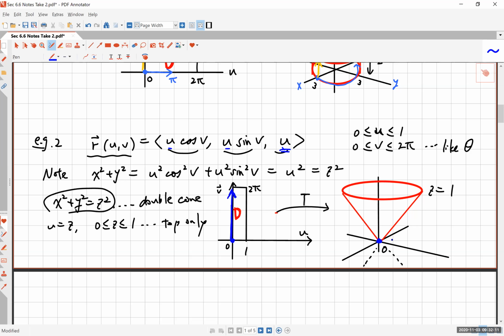You're staying at this vertex, so all blue points are here. If you have to move, you could imagine yourself just turning around one time at this point as you stand there. That's the motion as UV goes from 0, 0 to 0, 2 pi.